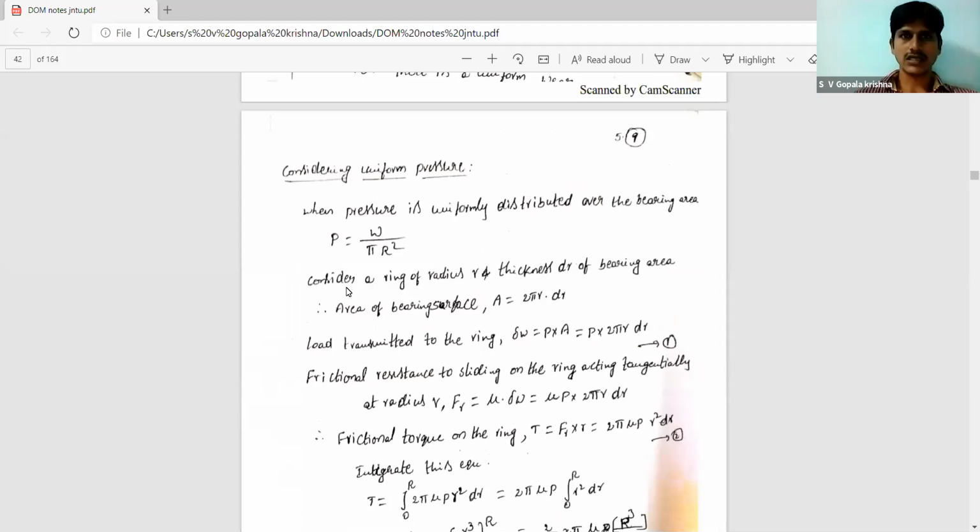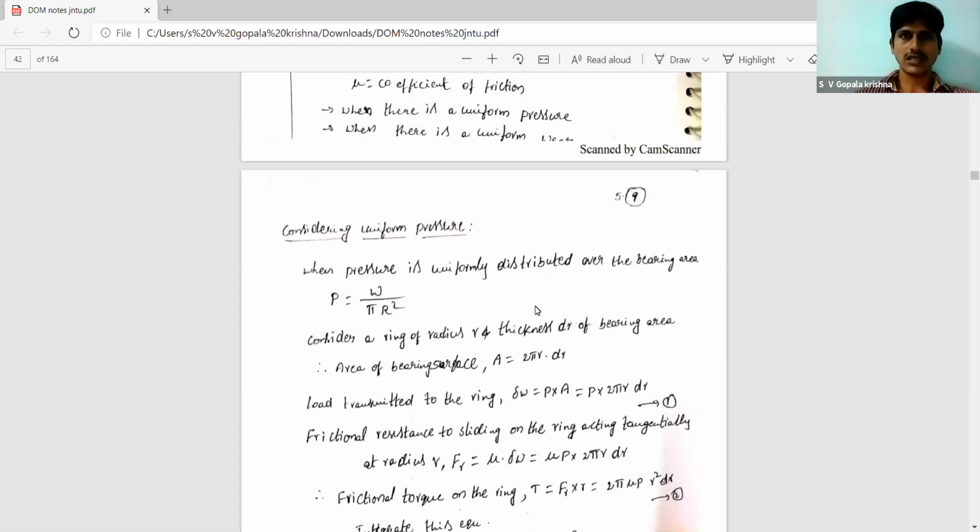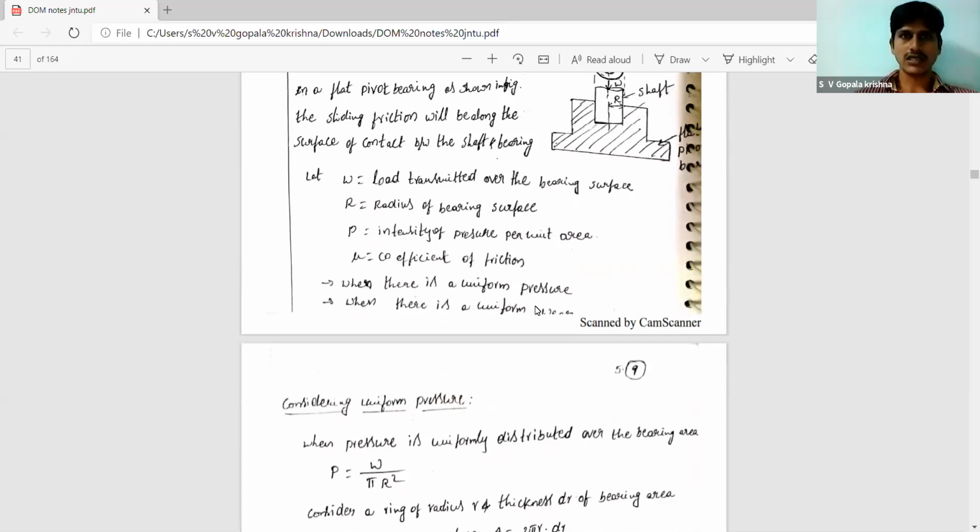Therefore, the area of the bearing surface, capital A, equals 2 pi r dr. In our diagram, the strip thickness is dr and the radius is small r.